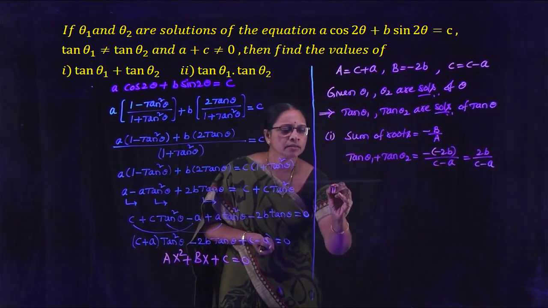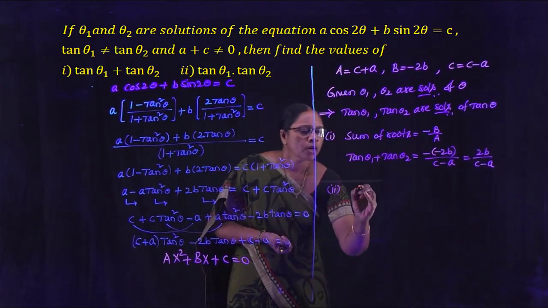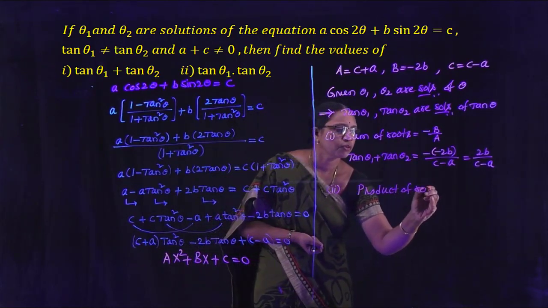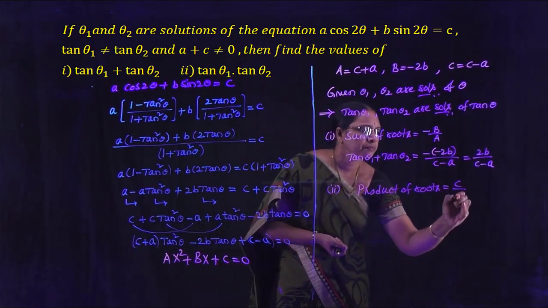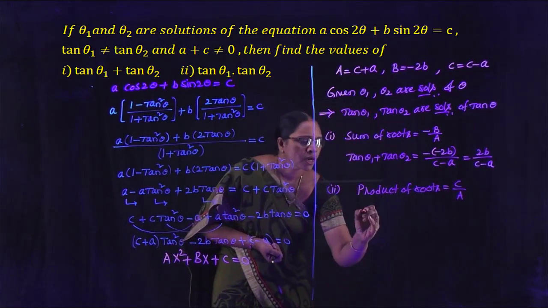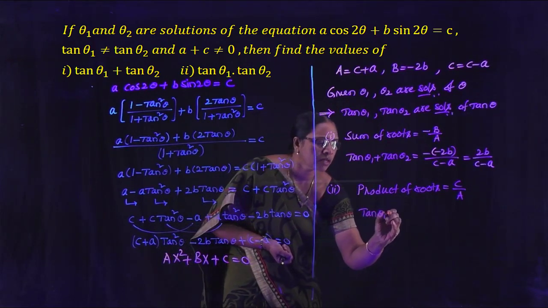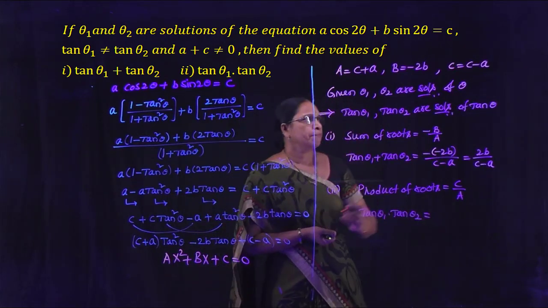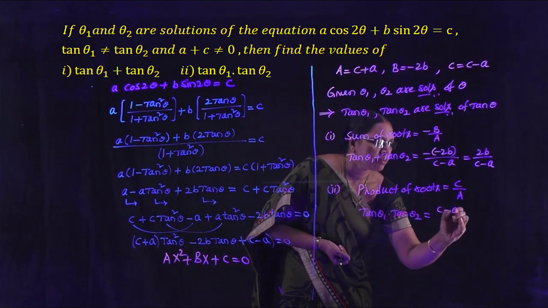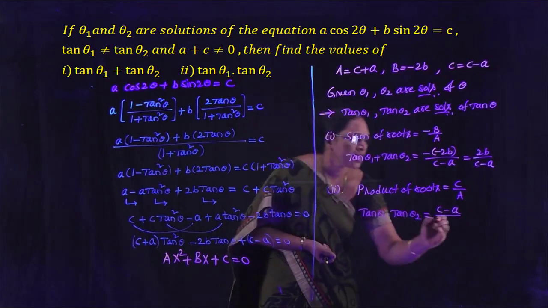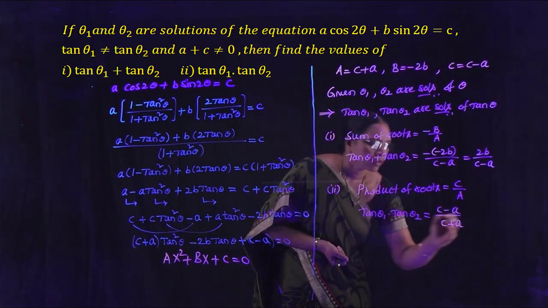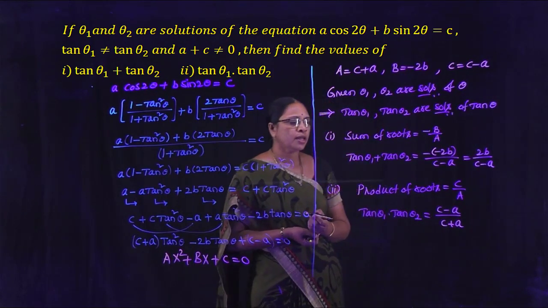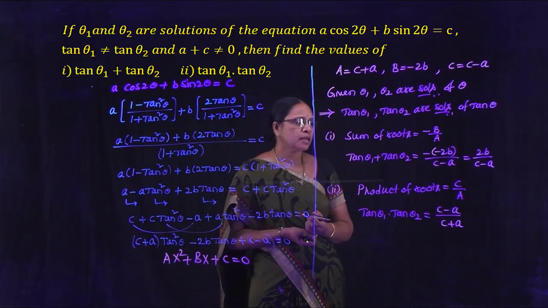And second, we know that the product of roots is c by a. Here the product of roots is tan theta 1 into tan theta 2 equal to c by a. Here the value of c is c minus a and the value of a is c plus a. Therefore, tan theta 1 into tan theta 2 equals c minus a by c plus a.